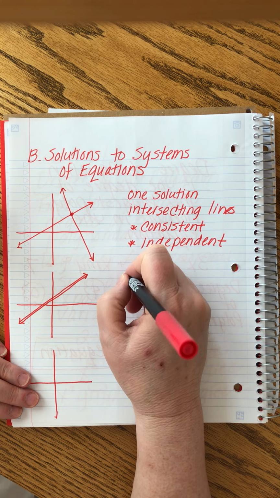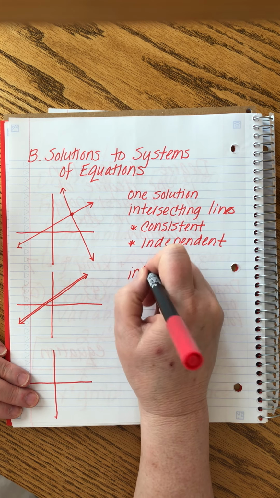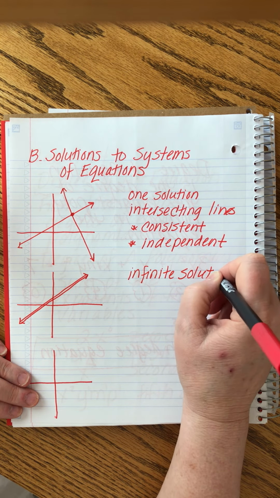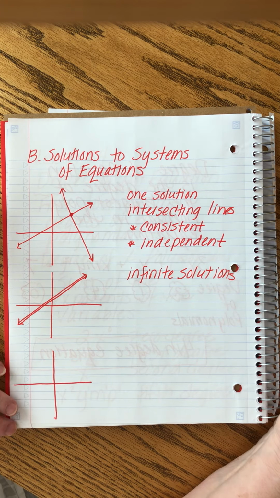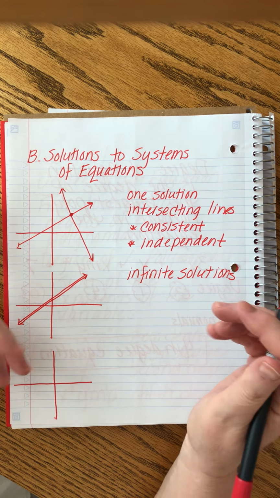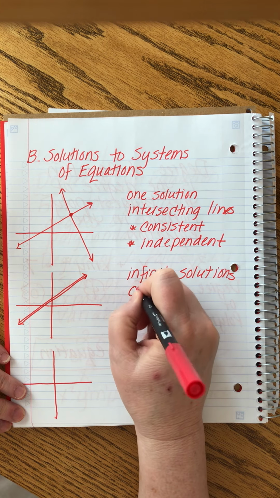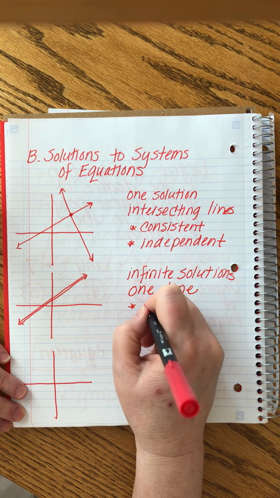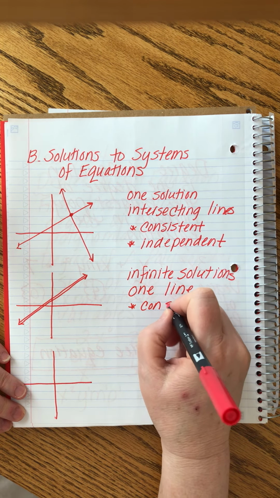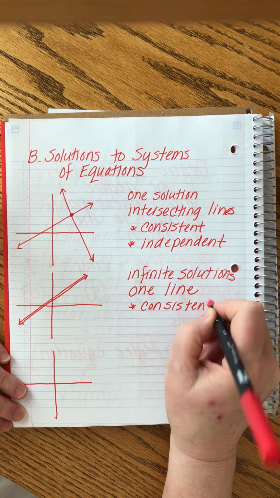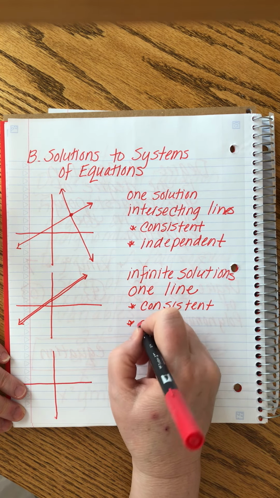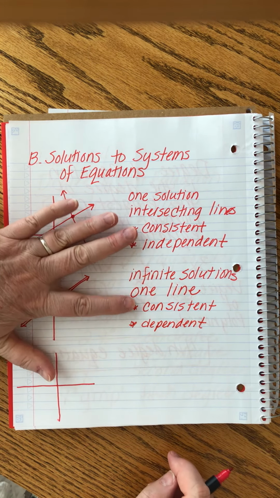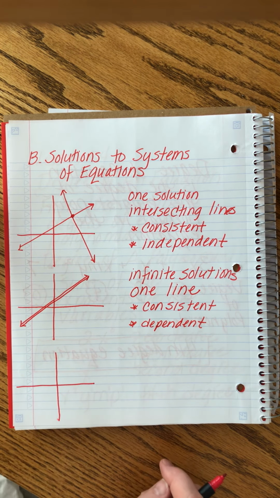And we say this is an infinite number of solutions because every single point on one line equals a solution on the other line. They match up exactly, and it's one line. This we call consistent, just like the first one, but we call this one dependent. Okay? Again, we're going to come back to these words at the end and talk a little bit about what they mean.